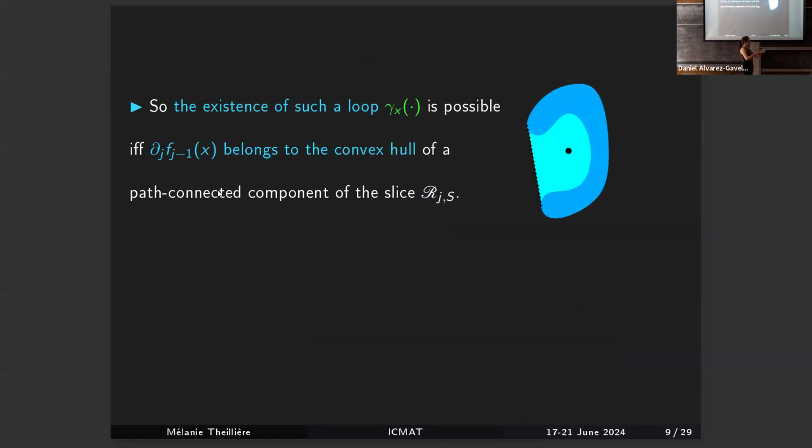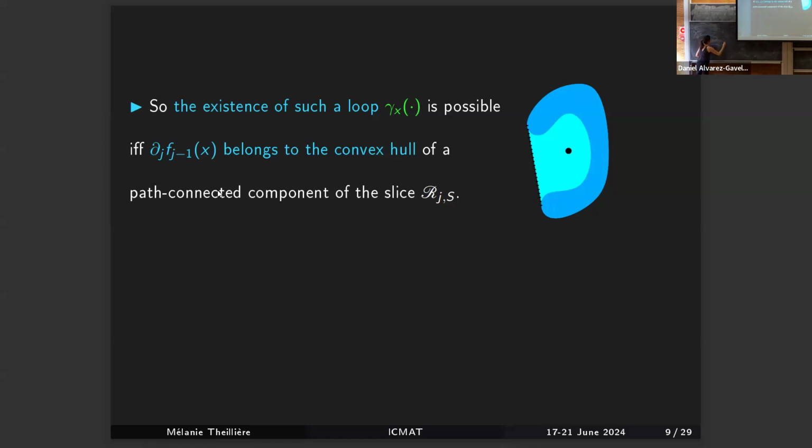So in fact, if I just take a slice in parts, imagine my slice A_J. Just take something simple: my slice has two path connected components. The convex hull is still that.